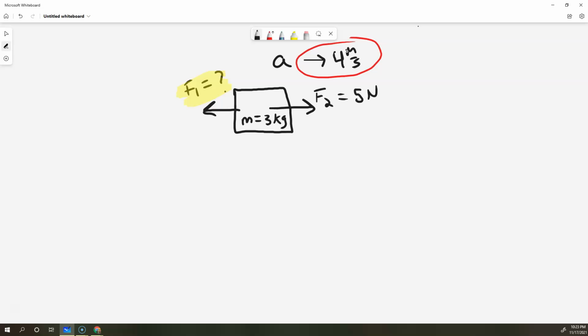Now, in this problem, I'm not actually told if F1 is to the left or to the right. I'm just told that there are two forces, F1 and F2. F2 is to the right, the acceleration is to the right, and my mass is 3 kilograms. And the question now, again, what is F1?